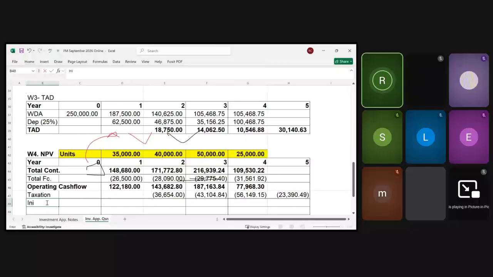I'm going to have my initial and scrap. My initial is minus 250,000 in year 0. My scrap in year 5 is 5,000. That's it. Initial and scrap done.